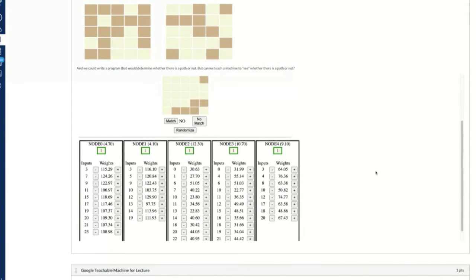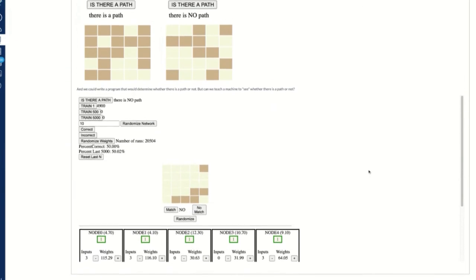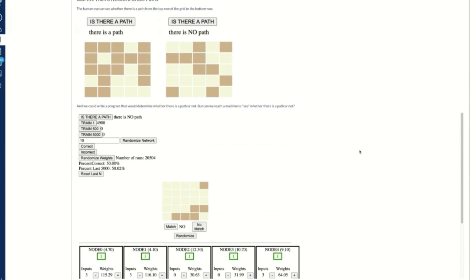Now, why do we say it's learning a function? If you remember from Thursday's lecture, at one point we drew a picture and we said you can think of a machine learning model as something which maps from a long string of ones and zeros into, in this case, just a single one or zero. So what I've got here is 25 squares that can be on or off.